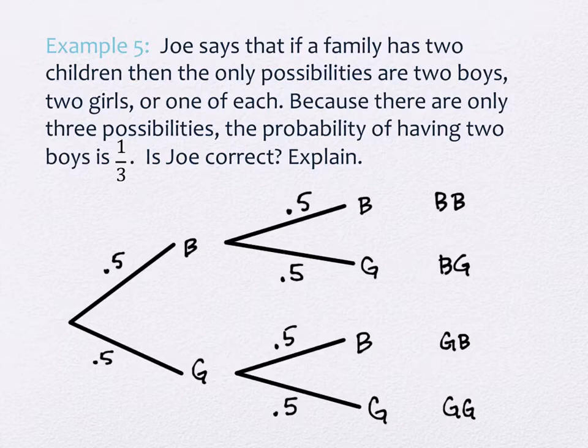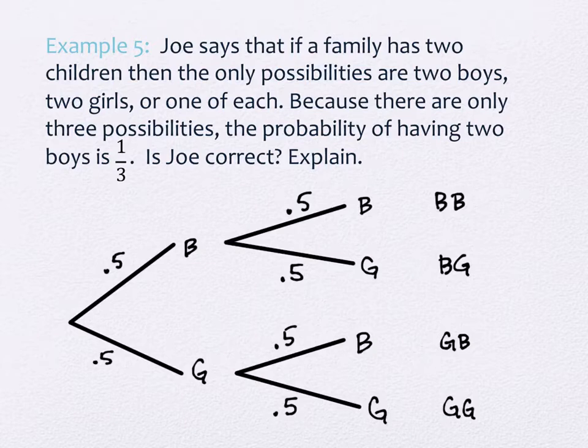There are 4 outcomes, right? Because we would consider the order of birth affecting things being different. So we could say that to Joe. That'd be one option of something to say to Joe to be aware of.